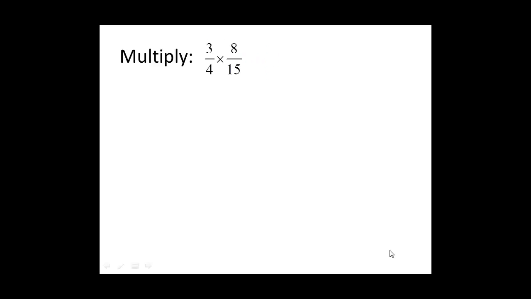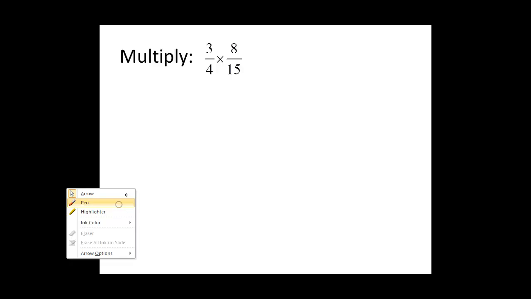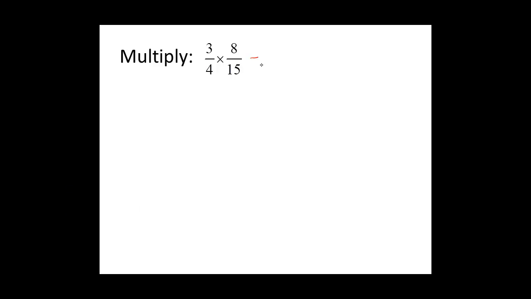Multiply 3/4 times 8/15. We will first show this by multiplying straight across. We will multiply the numerators together and get 24, and the denominators together and get 60. So we have 24 over 60.